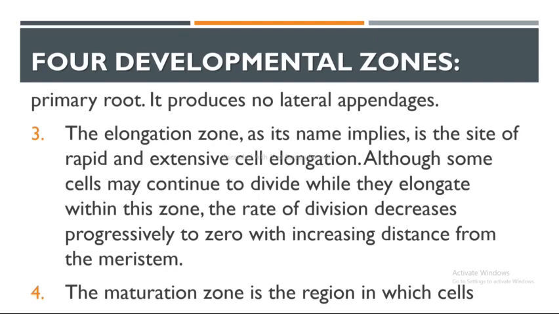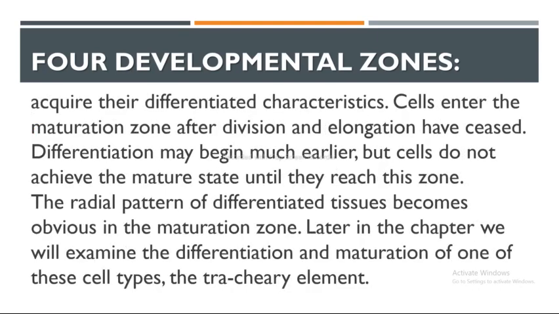And fourth is the maturation zone. The maturation zone is the region in which the cells acquire their differentiated characteristics. Cells enter the maturation zone after division and elongation have ceased.